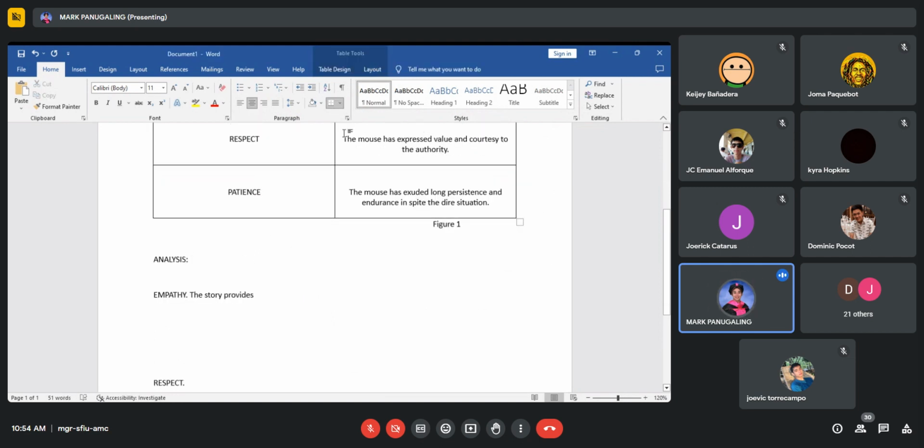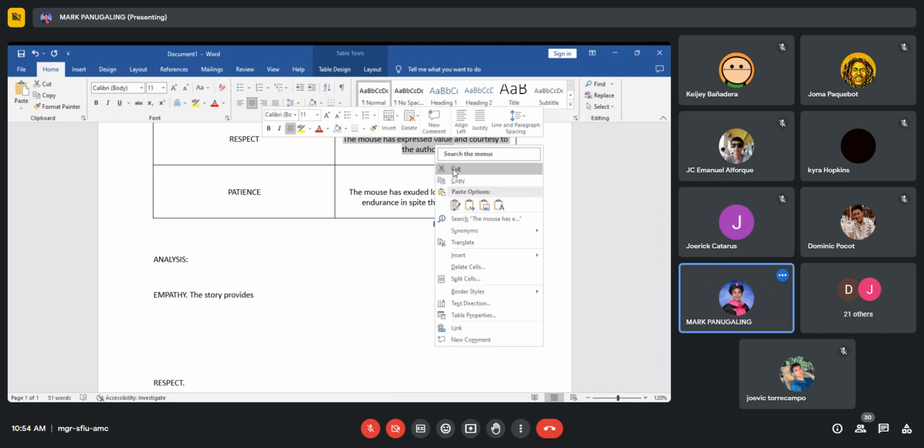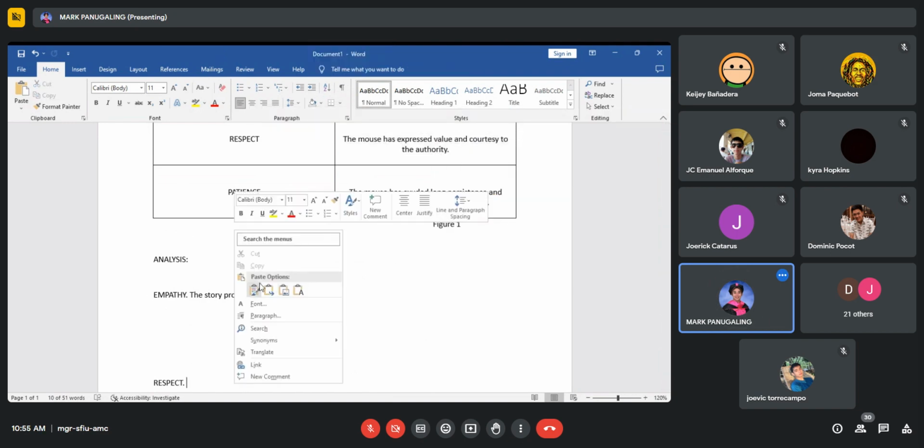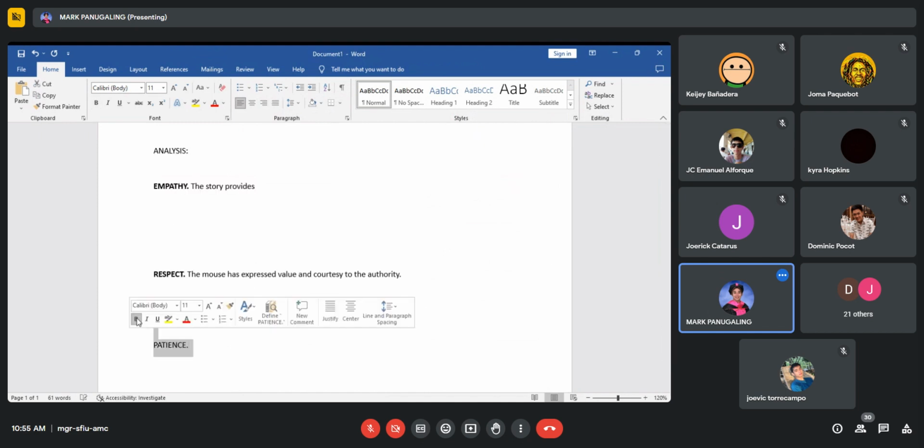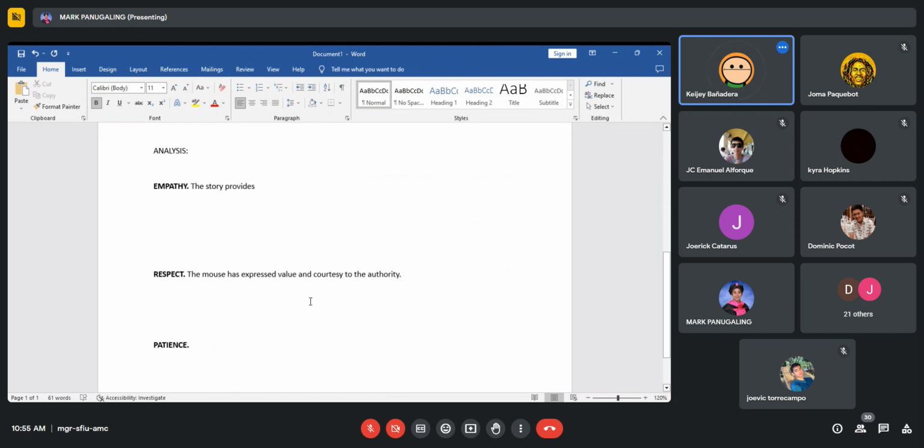And then number two, the mouse has expressed, and then discuss everything. That's how you're going to have your analysis, Doc. Okay?